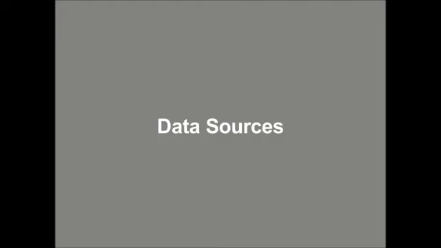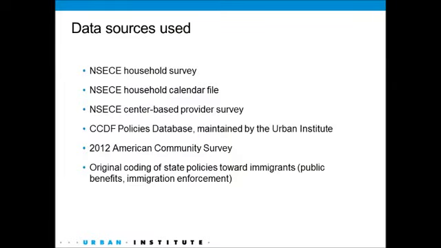We used quite a number of data sources that we pulled together to look at this. We were doing our analysis at the national level, but we wanted to merge in some local characteristics. Our main data source was the NSECE household survey, and we were using the level 2 restricted access data file. We also pulled in data from the household survey that came in the calendar file, and data from the center-based provider survey.